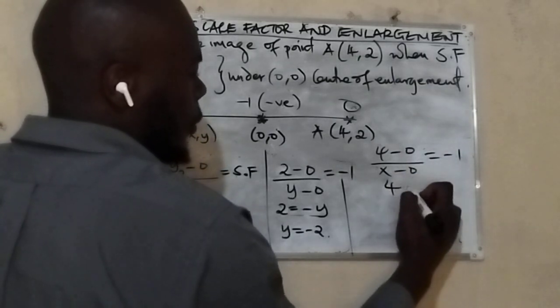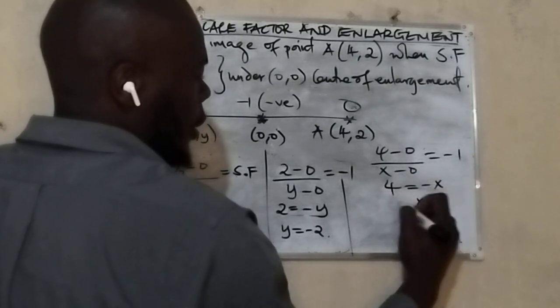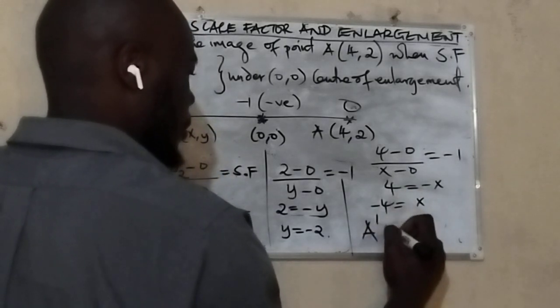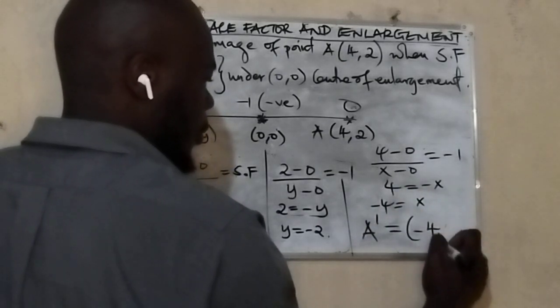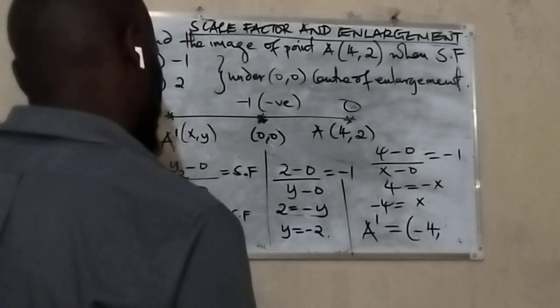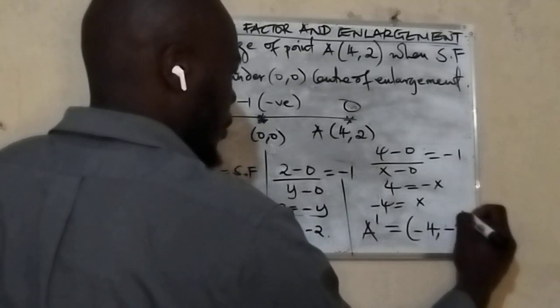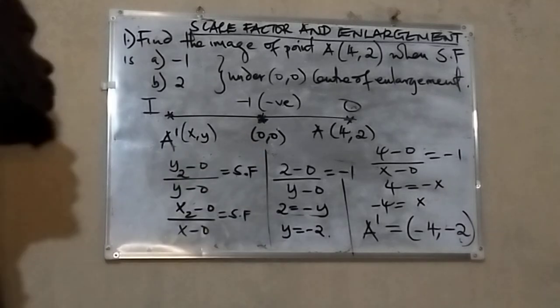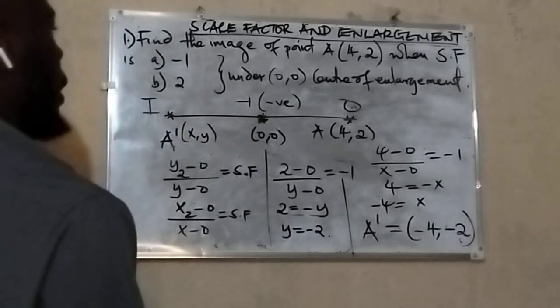So you'll have 4 equals negative x, so x equals negative 4. So A prime is negative 4, negative 2. That is for negative enlargement, negative 1.